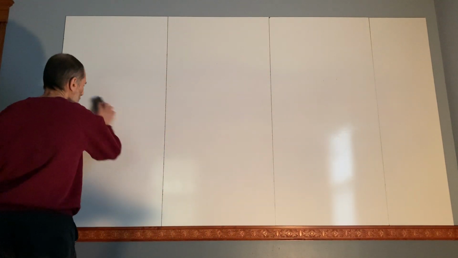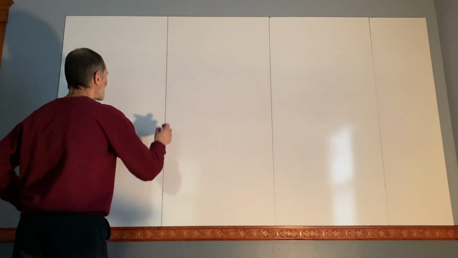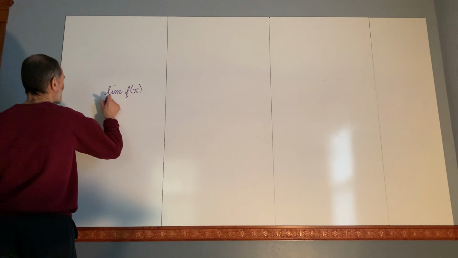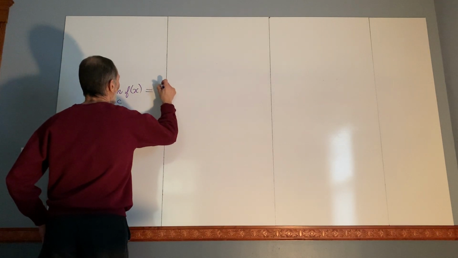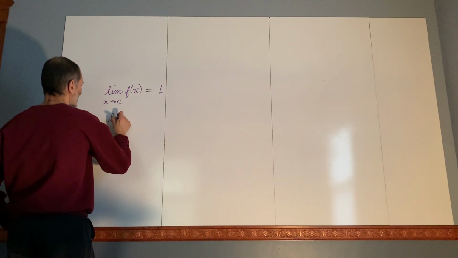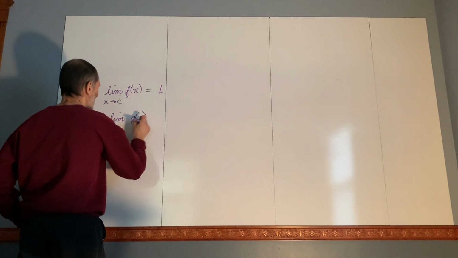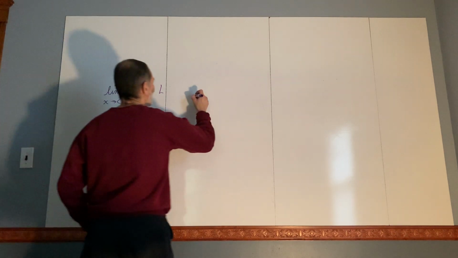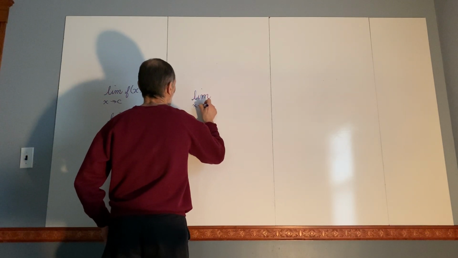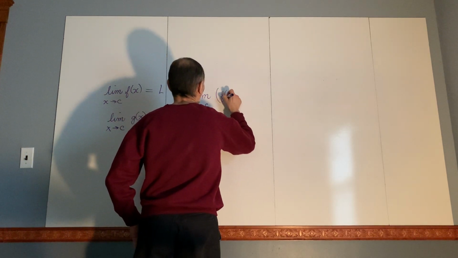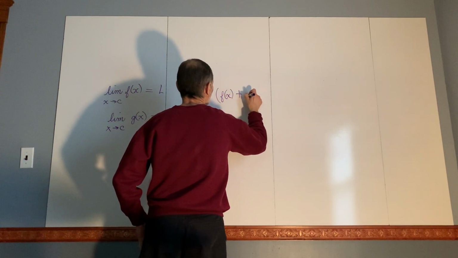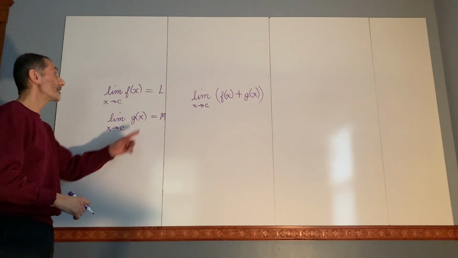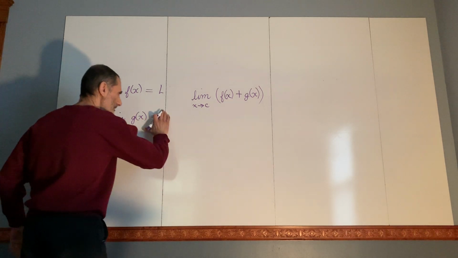Okay, suppose you have two functions, and we'll call them f of x and g of x, and we say that the limit of f of x as x approaches c is L, and the limit of g of x as x approaches c is M. Well, the limit as x approaches c of f of x plus g of x, if you were to take a wild guess, you would probably say L plus M, and you'd be correct.